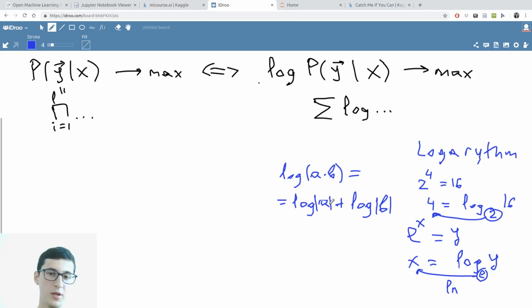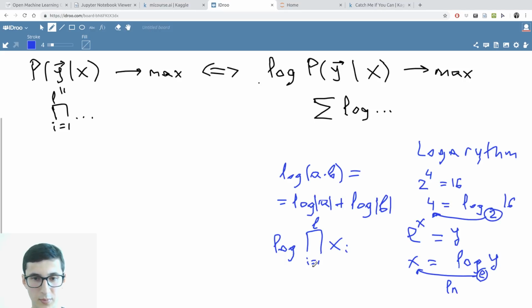And from this property, we get that the logarithm of a big multiplication of some x's, x1 multiplied by x2, and so on, if we have L elements like this, turns into a big sum of logarithms of xi.